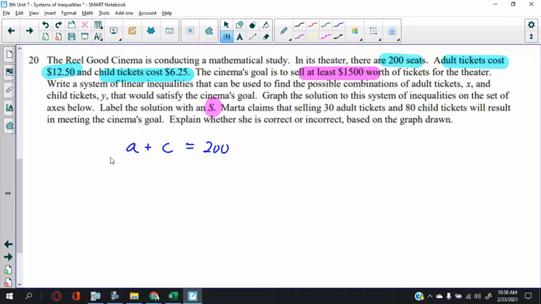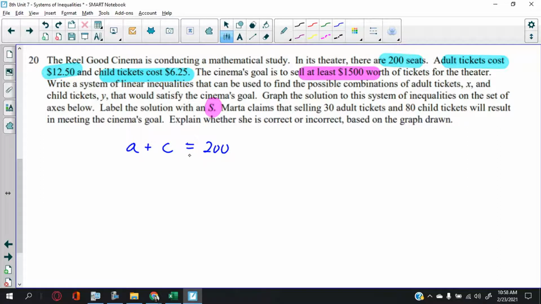Technically speaking, the seats don't matter because no seats in a movie theater say only adults can sit in it. But we know that all the tickets combined that you sell, the most you can sell is 200. There are 200 seats.